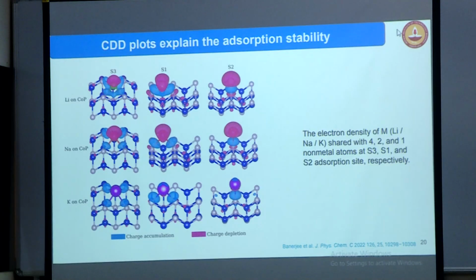So this is how you are able to explain the charge density differences. Based on the charge density difference, you can clearly see the S3 site should be the most stable site. So when you are sprinkling these lithium ions on this particular material, where it will go and sit, it will go and sit at S3 if possible. Wherever it is possible, it will preferentially sit there. This is very similar to me sending all of you inside this hall: where will you sit first? Will you sit on the floor or on the chair?